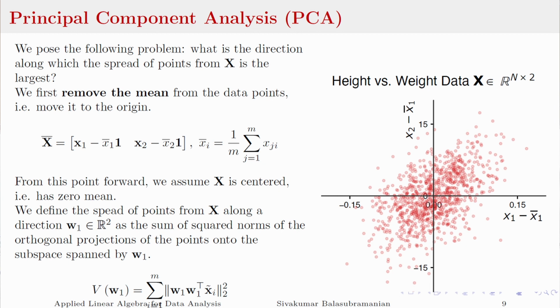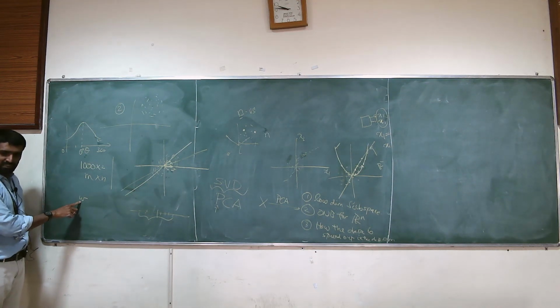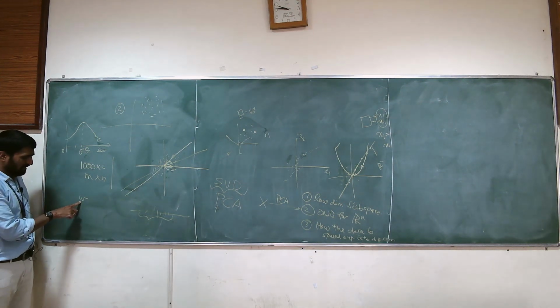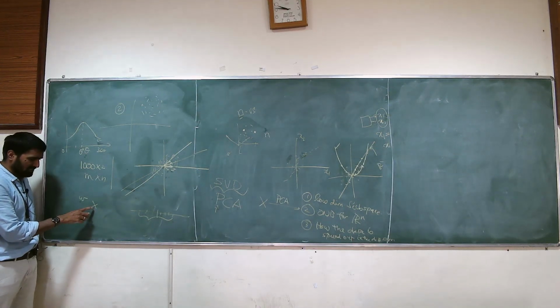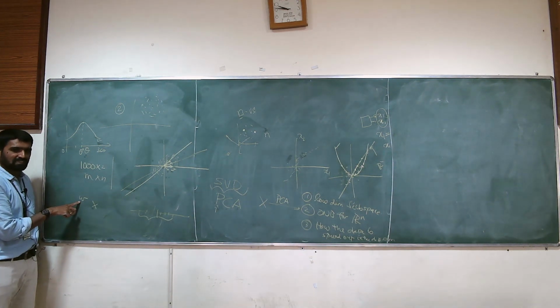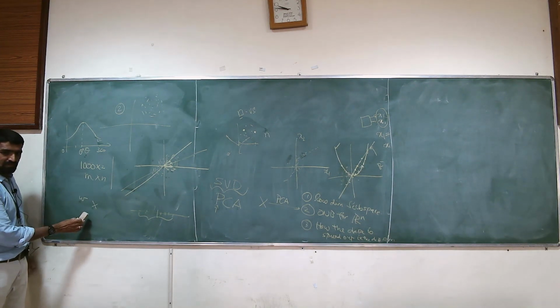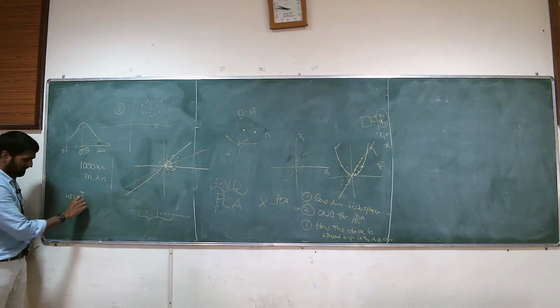Now we can pose this problem. Here, what I just said: if you have any w, let's say of unit length, and I have a point x, how do I find the orthogonal projection of this point x onto the subspace spanned by w? Orthogonal projection matrix times X, that's all.